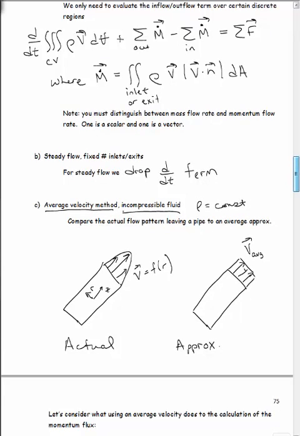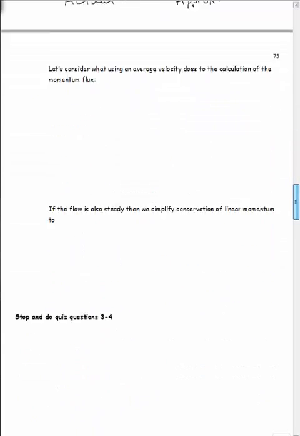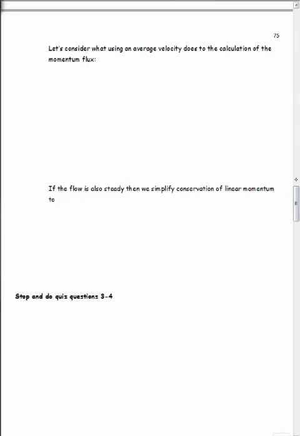Okay, so let's see what happens when we do that to our momentum flux. So we had our momentum flux, m dot vector, was the integral over that inlet or exit of rho times v dot n dA.